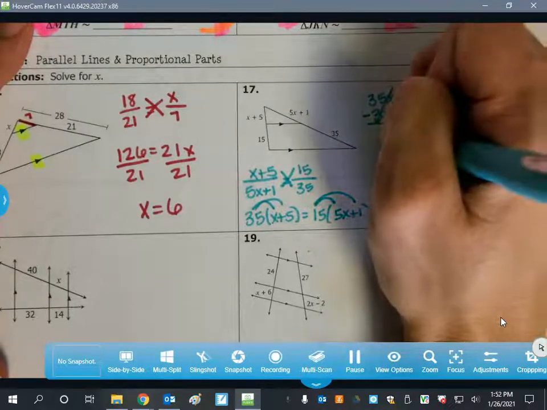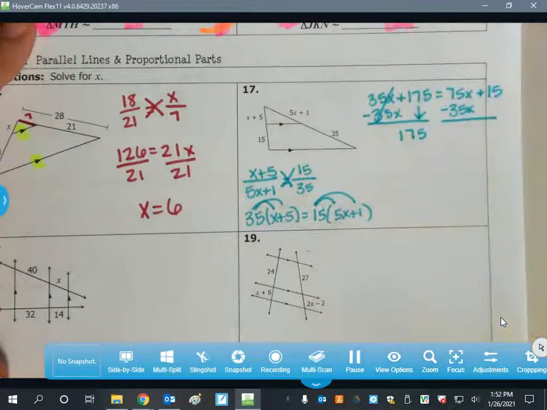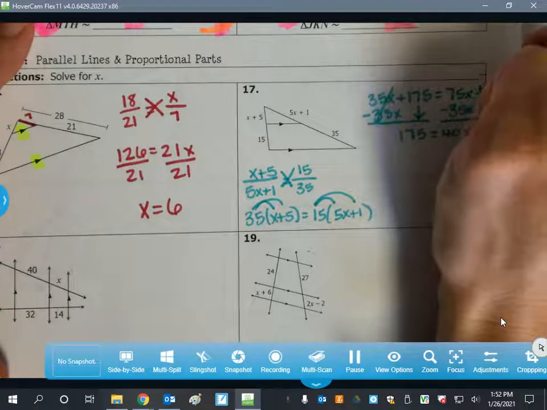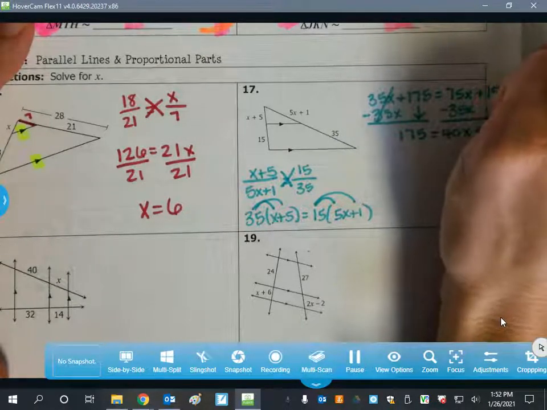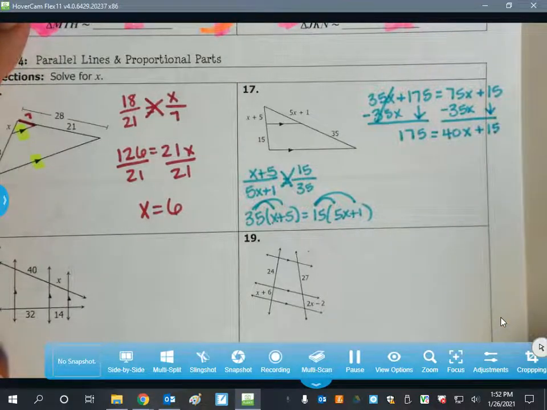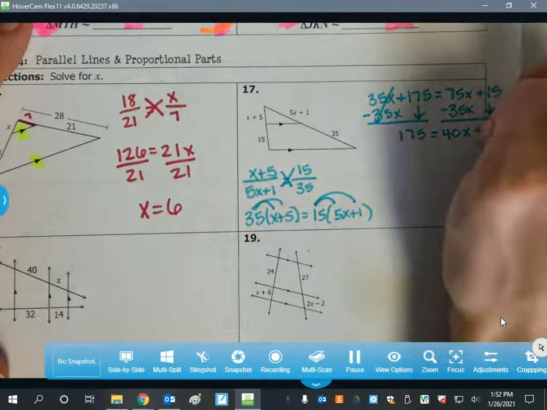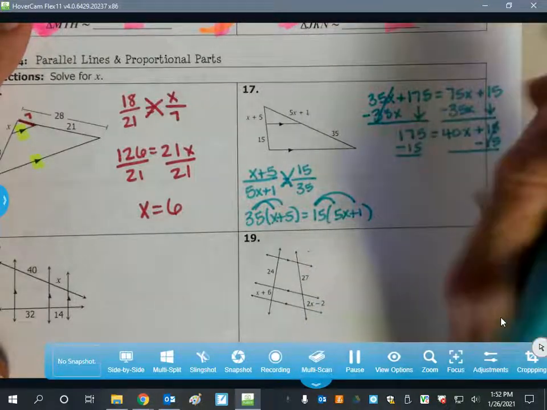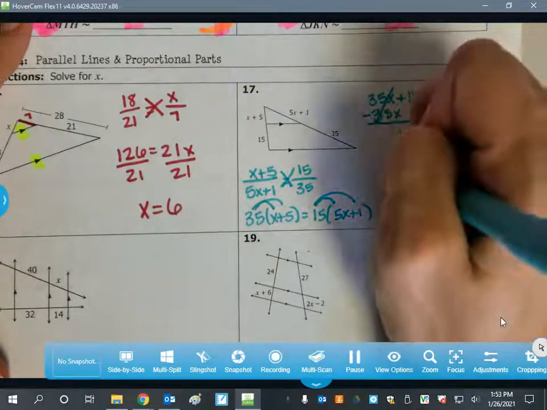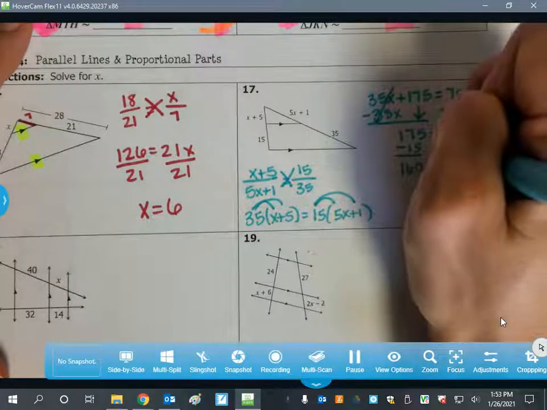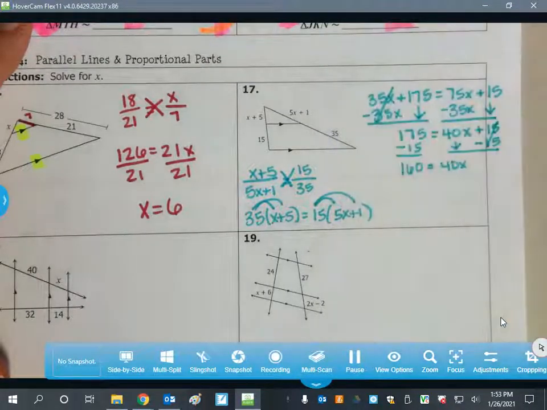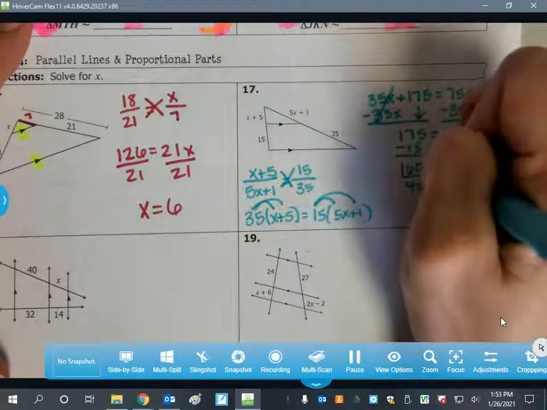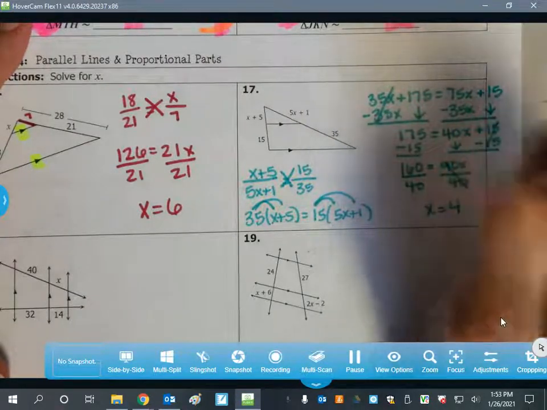So my 175 comes down. 75x minus 35x is 40x. And then my 15 comes down. Then I'm going to move my 15 over to the other side using subtraction. 175 minus 15 is 160 equals 40x. Divide by 40 and x equals 4.